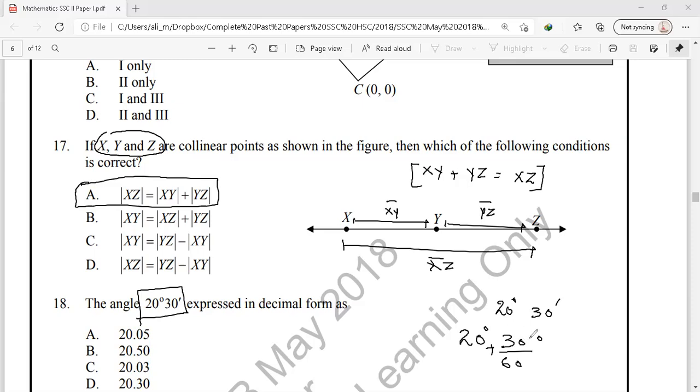So 30 over 60 is 0.5. So 20 degrees plus 0.5 degrees will add up, and we will have 20.50 degrees. So in question number 18, we have the correct answer in option B, that is 20 degrees 30 minutes is equal to 20.50 degrees.